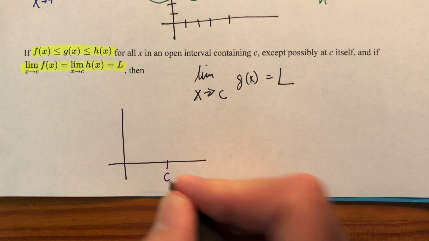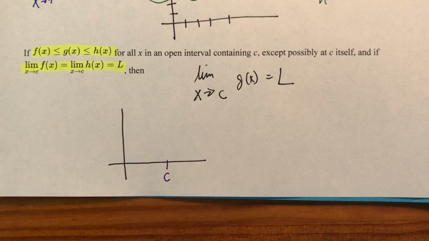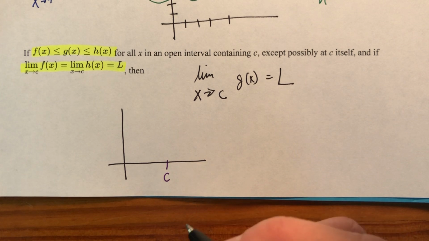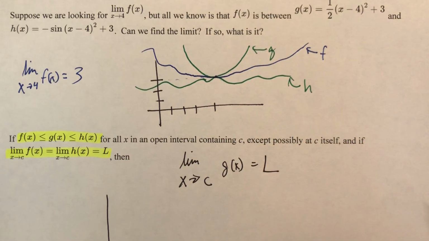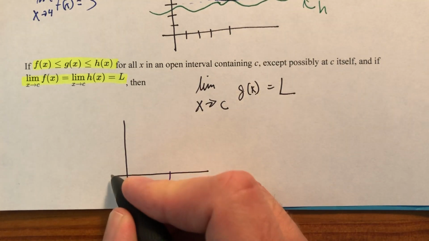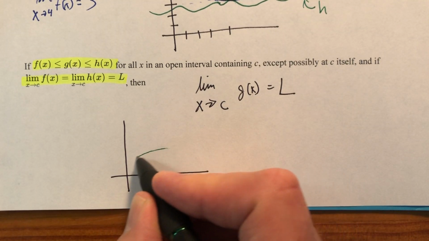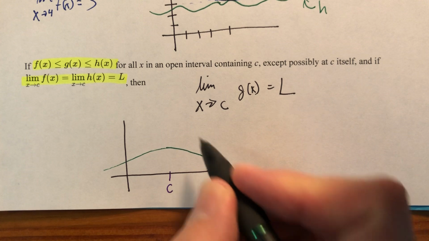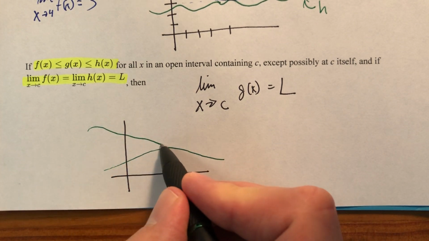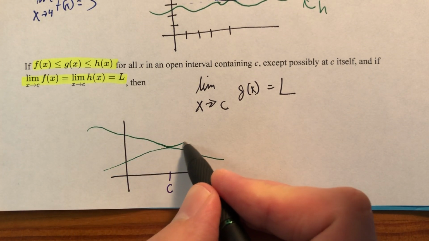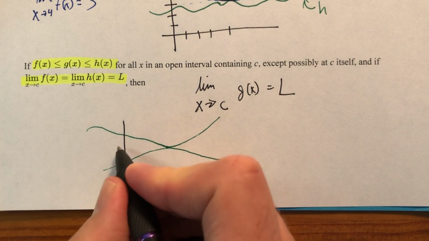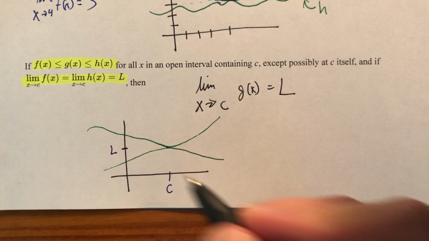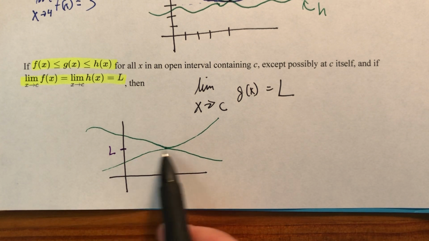So there's a c value here, and we're going to stick with green being the upper and lower, well, it'll be f and h in this case, not g and h. Again, letters are arbitrary. So you can draw it however you want. Draw it any old which way you choose, as long as they have the same limit, which is L.